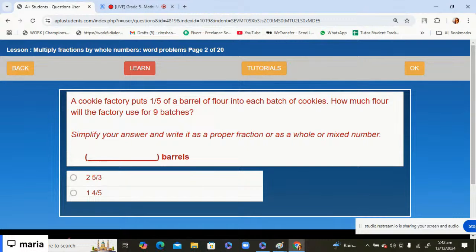Option A or option B? 1/5 times 9. It's 9/5. And the answer is 1 into 4/5. Good. Option B.